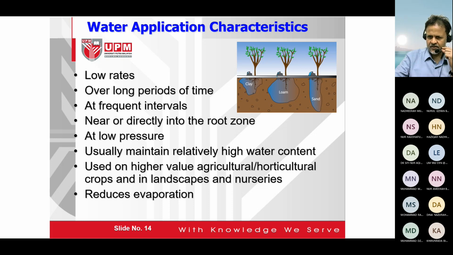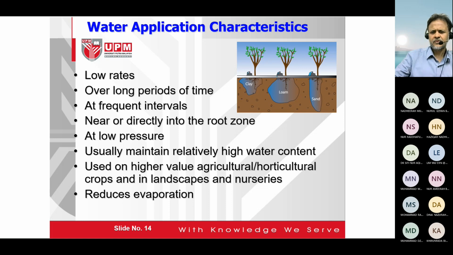But sandy soil, when you apply water, it moves vertically faster. But this one is almost the same. But in clay and loam soil, vertical movement is slow, but it spreads left and right like this.